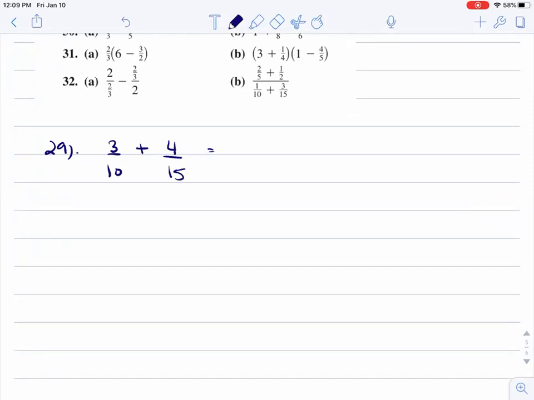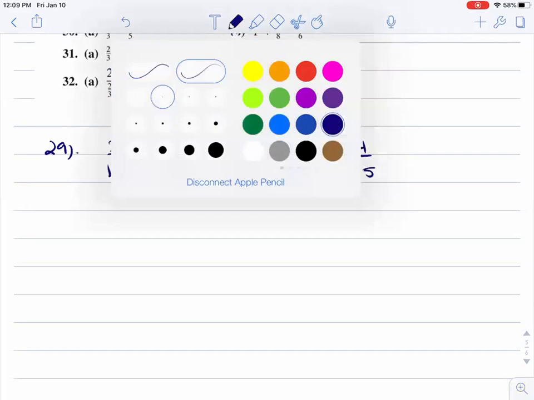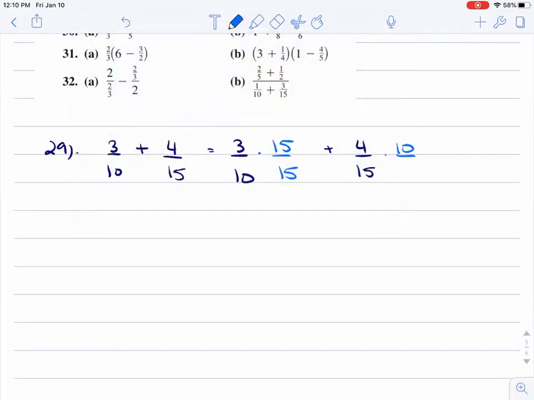Turning it into ones. So what we get is 3 over 10, and then I'll do it in another color to show you, times 15 over 15, and then plus 4 over 15 times 10 over 10. Notice how we've just taken the bottom from one side and the bottom from the other side.